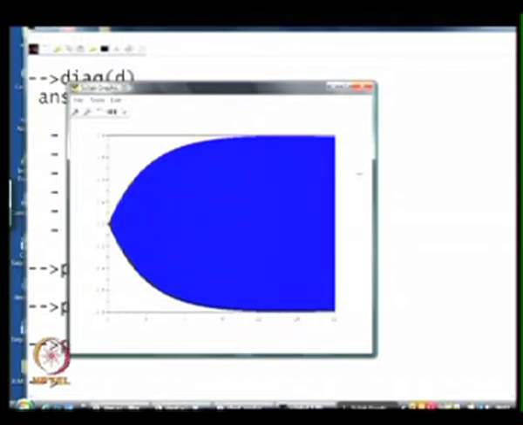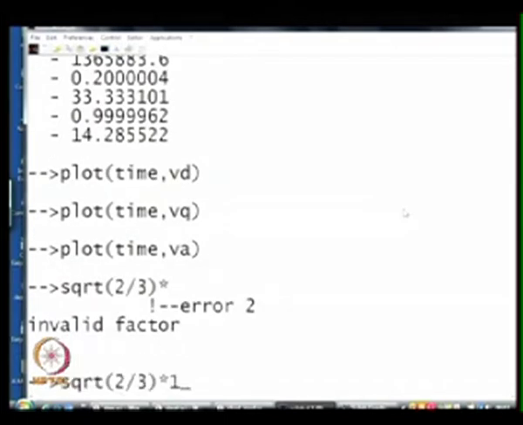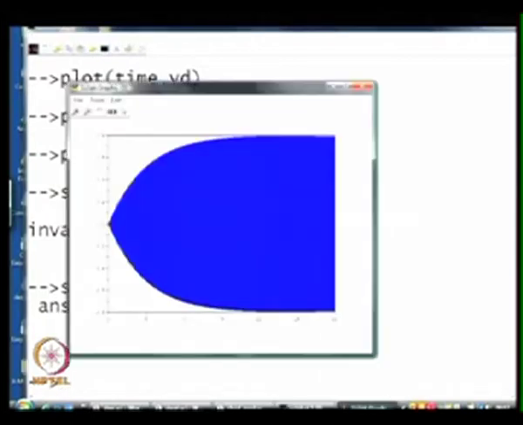So one can expect that the phase to neutral voltage, across each winding, will be square root of 2 by 3 into 1, which is 0.81. That is why you see the peak value going towards 0.8. So this is basically the open circuit response of a generator.